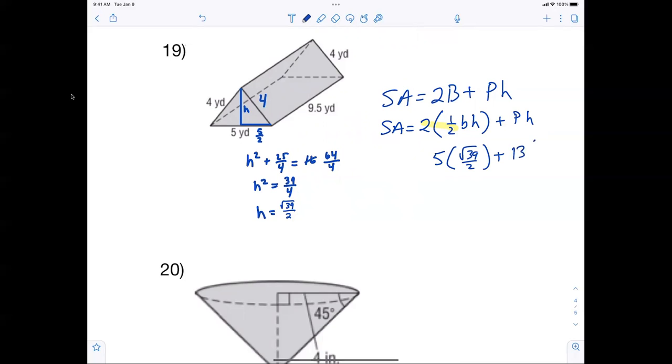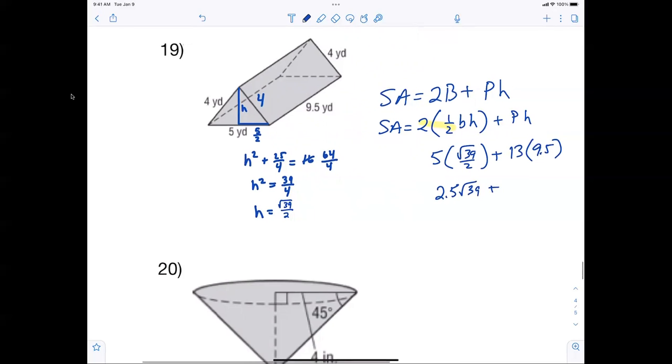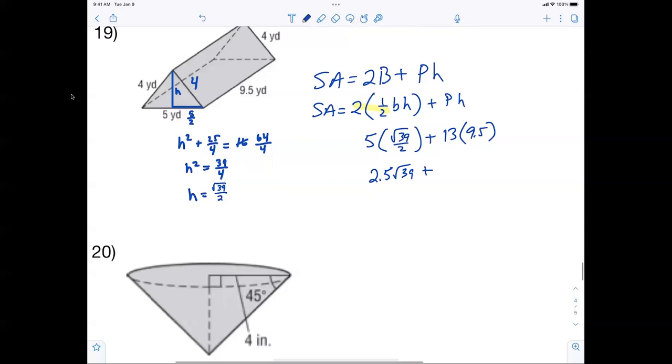And what's the height? 9.5. All right, so now I have 2.5 radical 39 plus what's 13 times 9.5? 123.5. And then we would say square yards. Anybody have an issue with that?